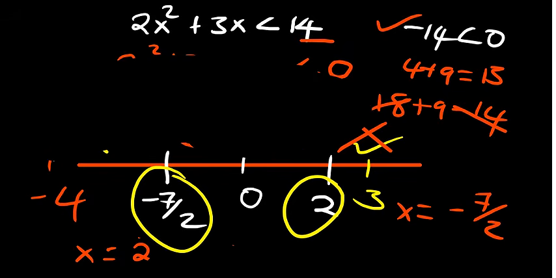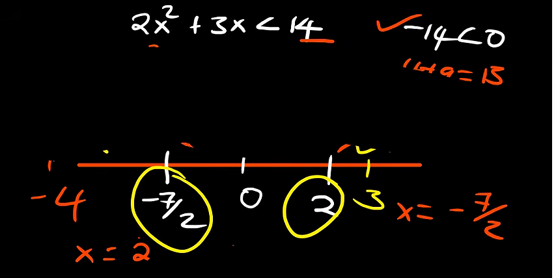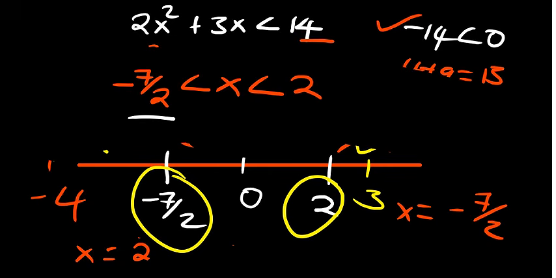How do you get to present it? We can say therefore that the values of x that can define that inequality should be from negative 7 over 2 less than x, and x should be less than 2. So this tells us that the minimum value is negative 7 over 2, the maximum is a 2.